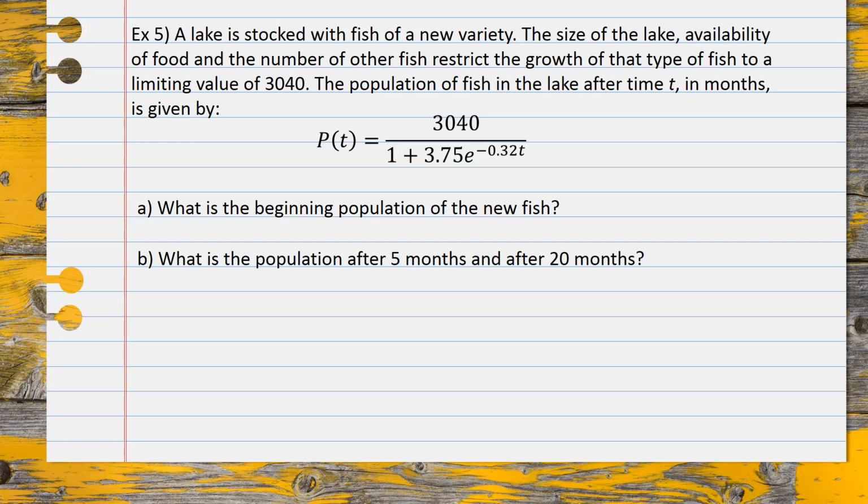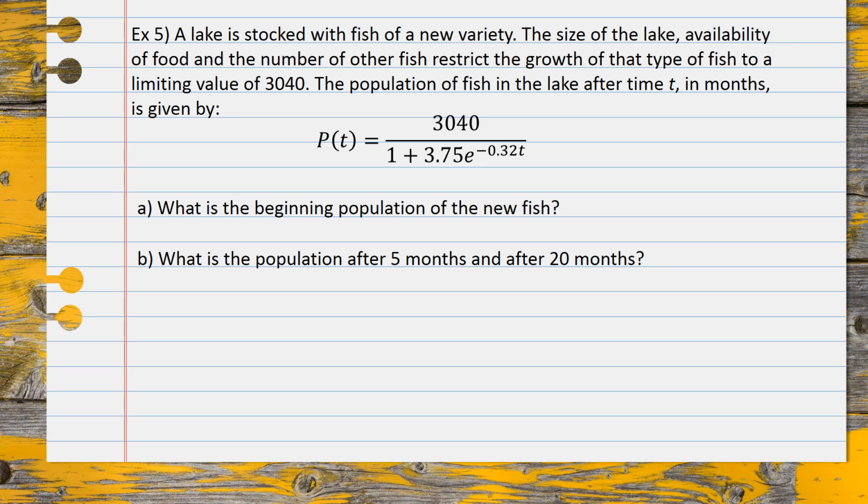Example 5. A lake is stocked with a fish of a new variety. The size of the lake, availability of food, and the number of other fish restrict the growth of that type of fish to a limiting value of 3,040.